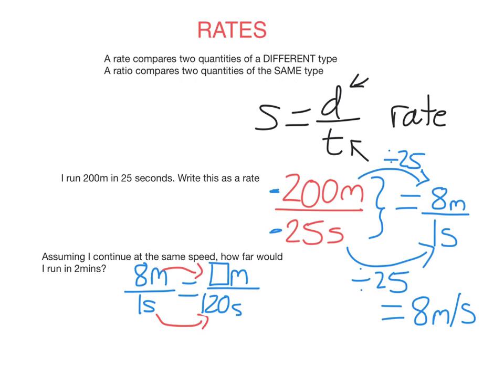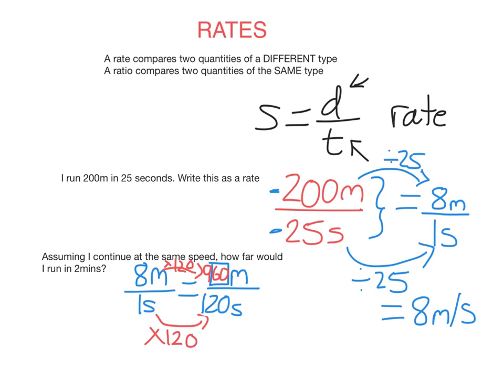Now it's clear what I've done. I've gone from 1 second to 120 seconds, and that's by timesing by 120. If I times the bottom by 120, I have to times the top by 120. 8 times 120 is 960. So if I can travel 200 meters in 25 seconds, at that same speed, I could travel 960 meters in 120 seconds. You should write a sentence like, therefore I can travel 960 meters in 2 minutes.